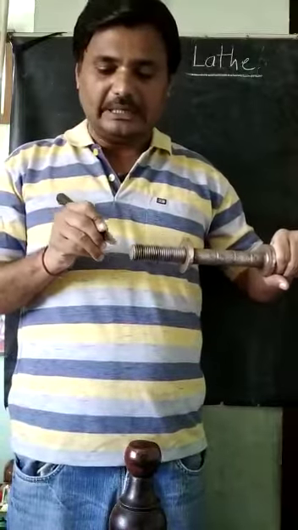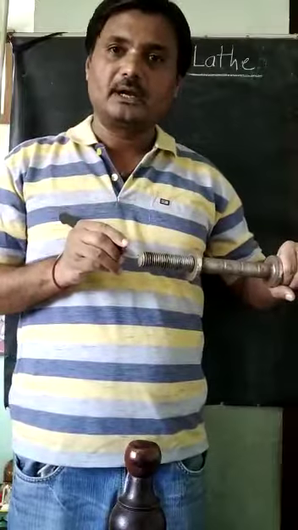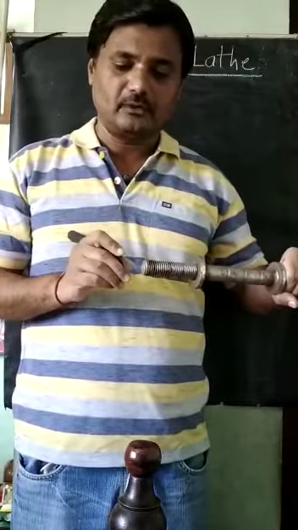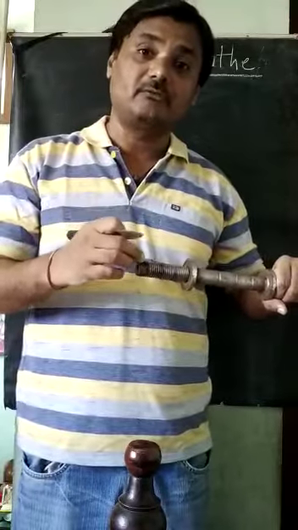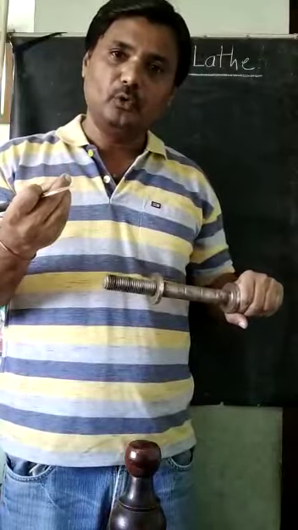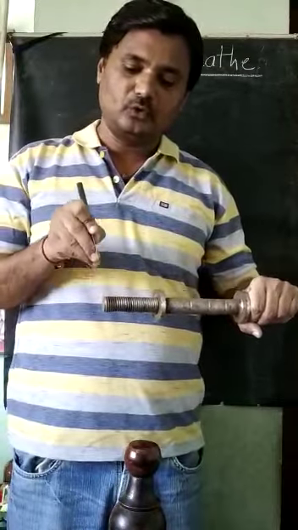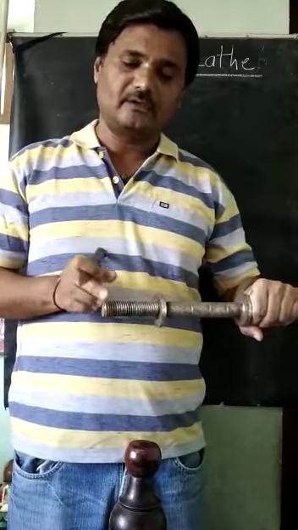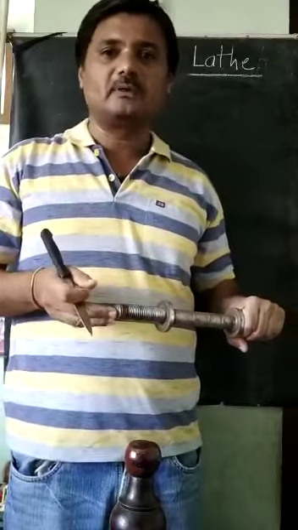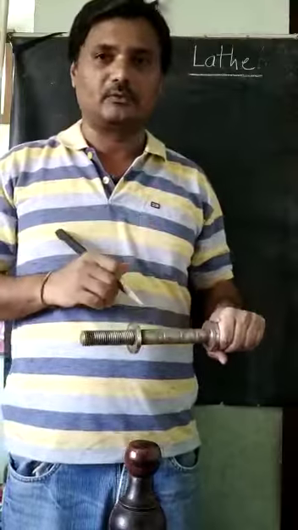Once I touch the sharp tool to this, definitely, because the tool is hard and the workpiece is softer, the metal will start to be removed in the form of chips. Continuous chips will be removed. If I move the tool like this, its length will be reduced; if I move it like this, its length will be reduced here now.